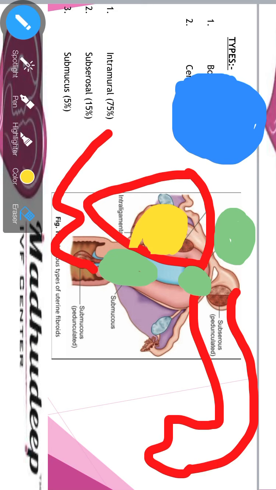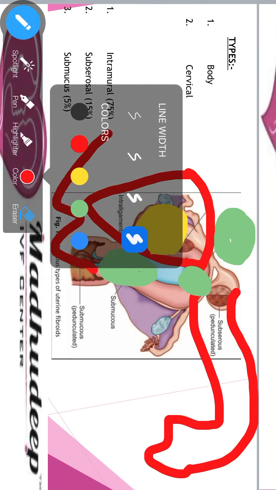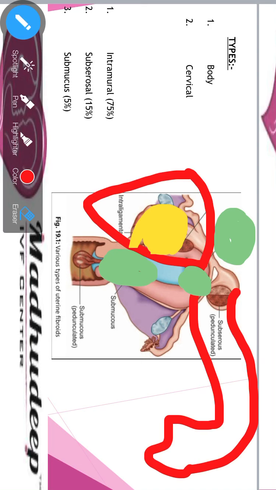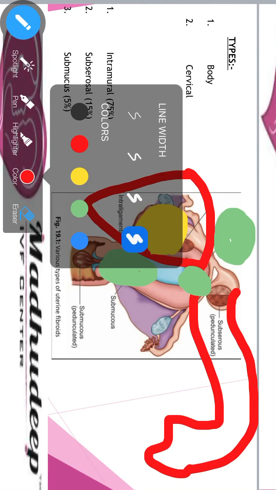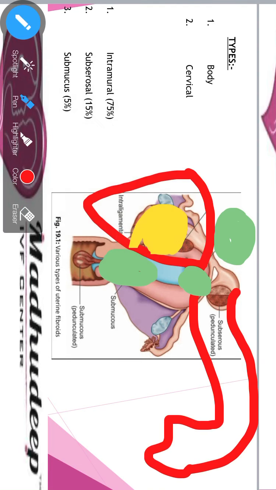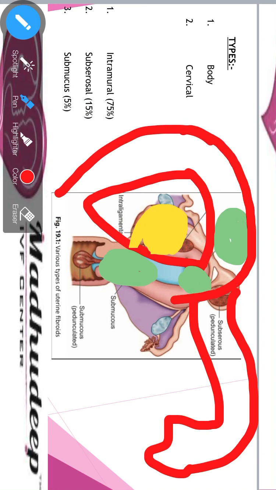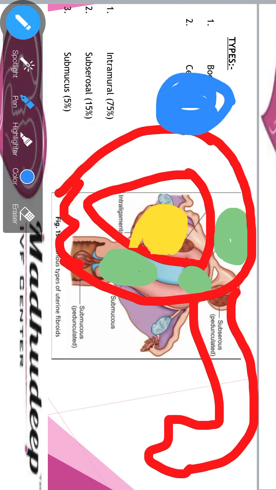Amongst these, intramural is very common. 75% of fibroids are intramural, 15% are subserosal and 5% are submucous.